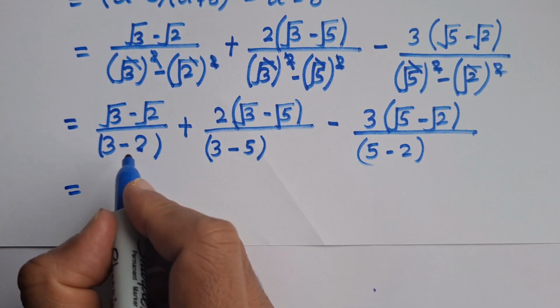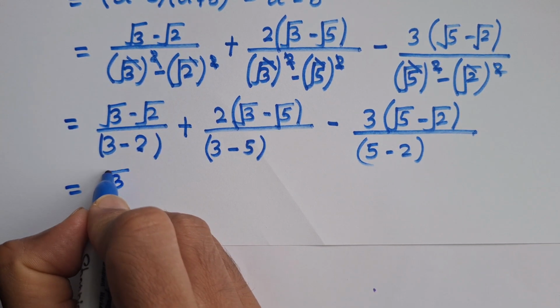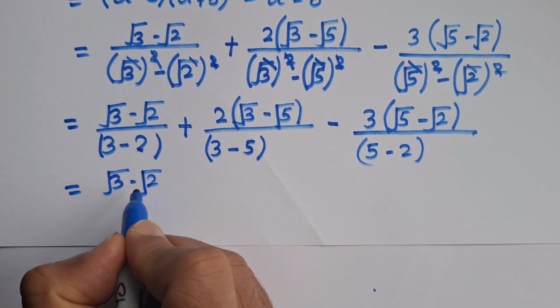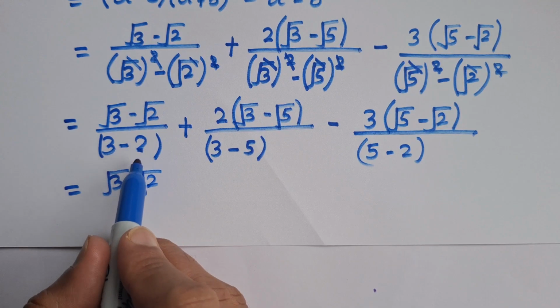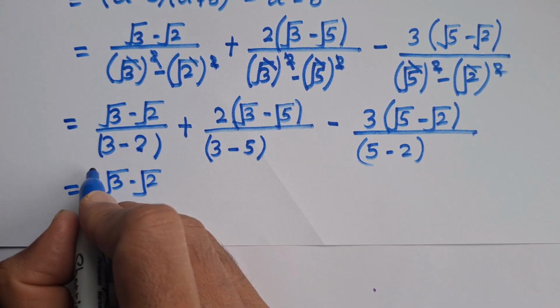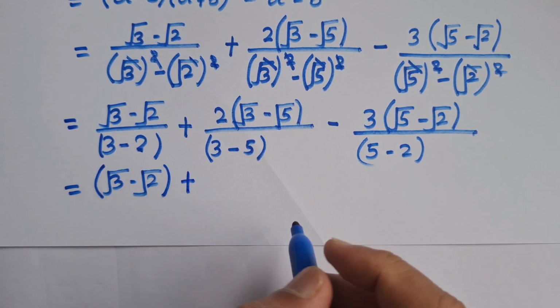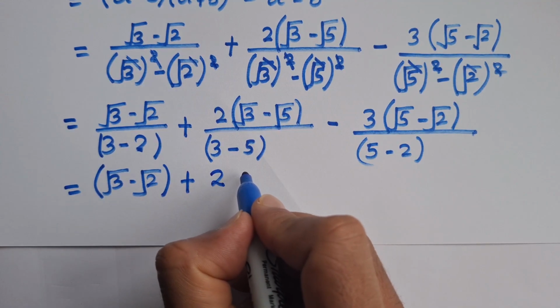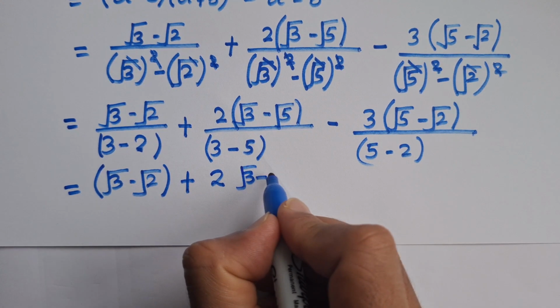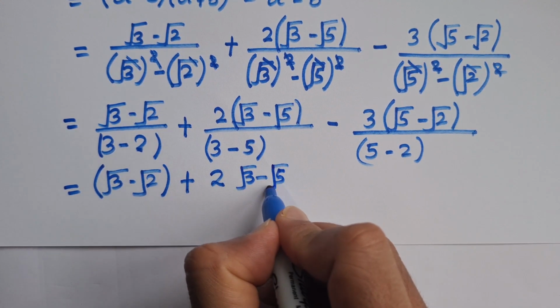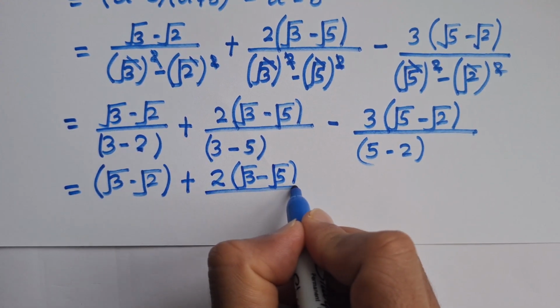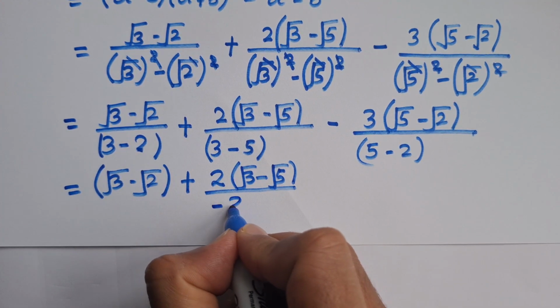Now in the next step we have here square root of 3 minus square root of 2. 3 minus 2 is equal to 1, so nothing changed here. Here 2 times square root of 3 minus square root of 5 divided by 3 minus 5, which is equal to minus 2.